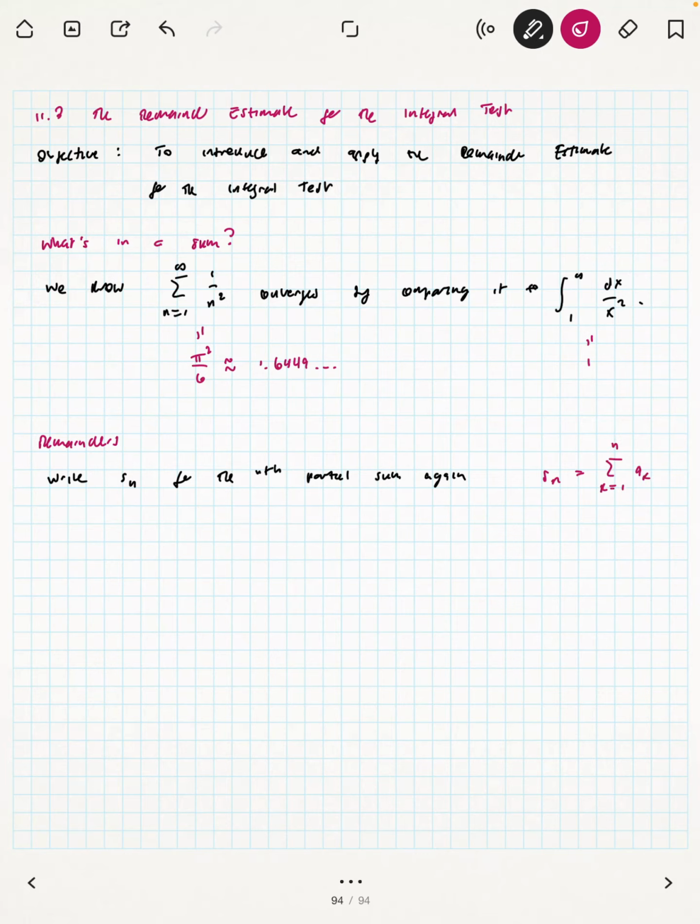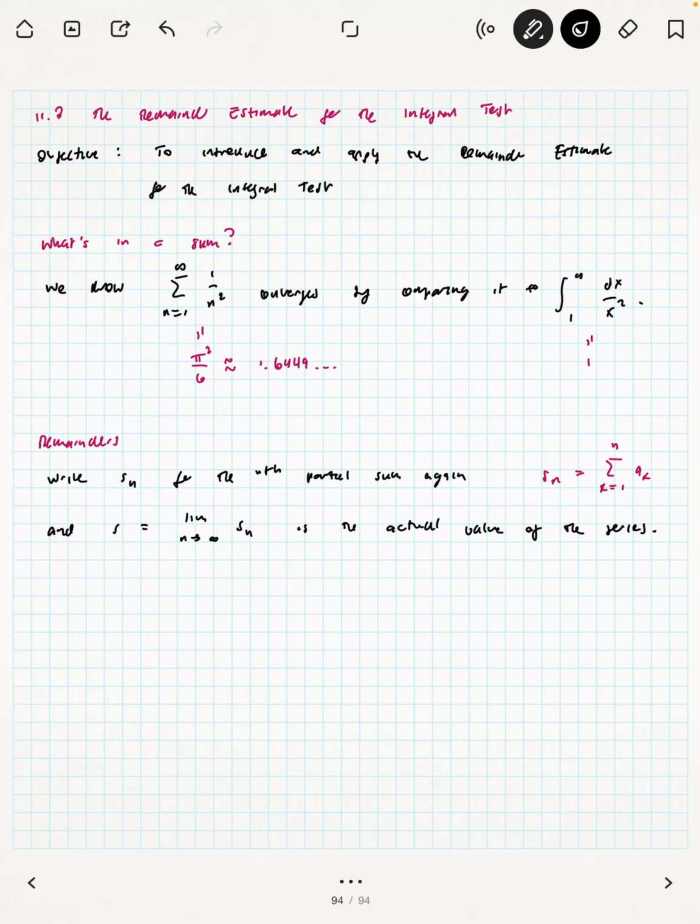To remind you, S_n means we're going to add up the first n terms of the series, and S, if we assume that the series converges, is the limit of the sequence of partial sums. And this is the actual value of the series.